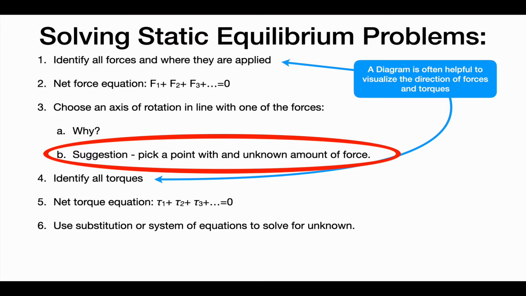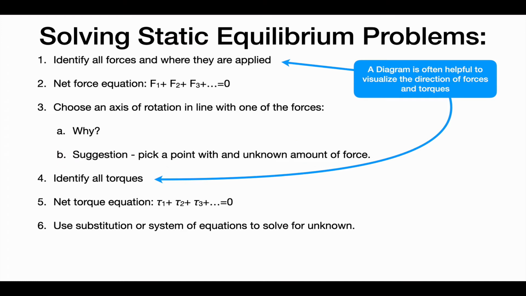If we have a situation with three forces acting on something and we pick a pivot point that is at one of those three forces, that means the other two forces have to equal each other in terms of the amount of torque, but opposite in direction.